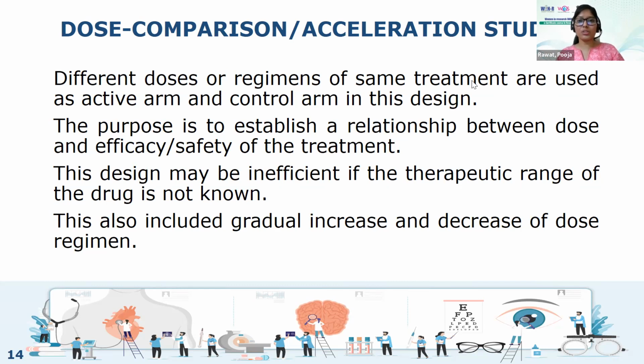So this is dose comparison. And it sometimes also clubs up with dose acceleration studies, right? Within the same patient, not a different treatment, you are giving, suppose, 5 mg of the drug, and then later you accelerate that dose to 10 mg. Then you see how that patient's body responds.